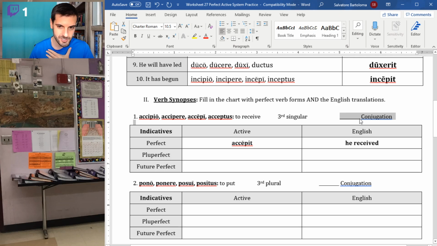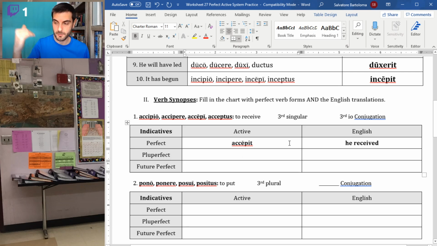I got the little conjugation box here, but remember, conjugation really doesn't matter. This verb happens to be third io, but that's not going to affect anything. Accepit, he received, so the pluperfect version of that, we use the same stem, accep-, instead of -i, -isti, -it, for pluperfect, we use -eram, -eras, -erat.